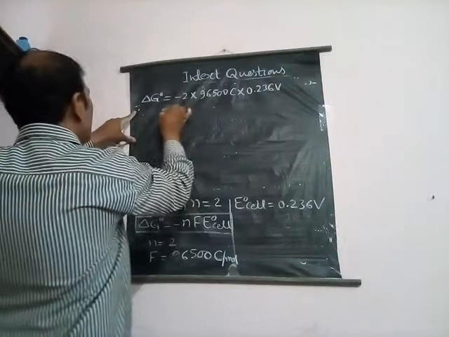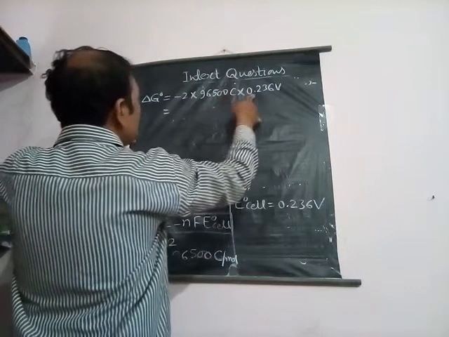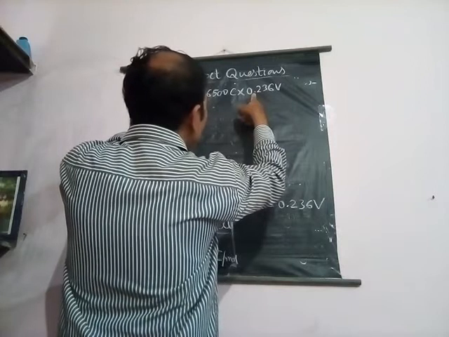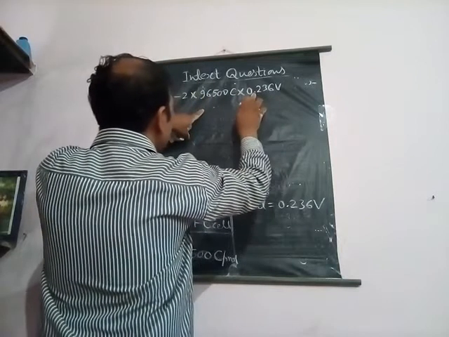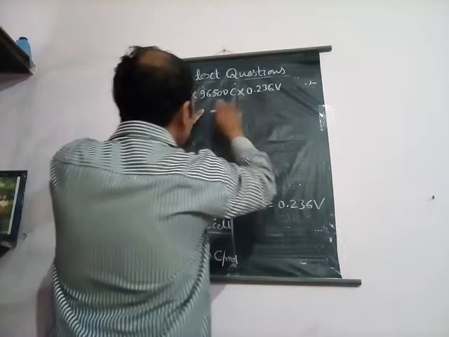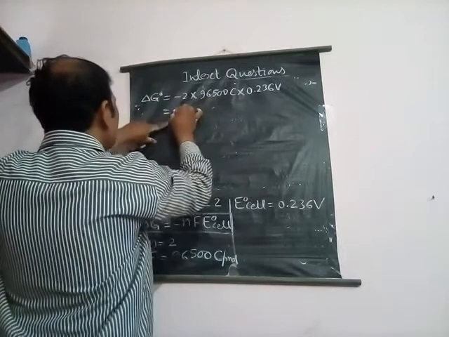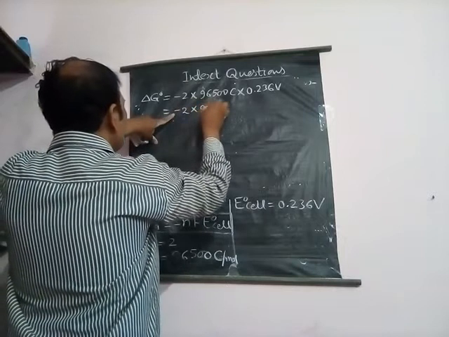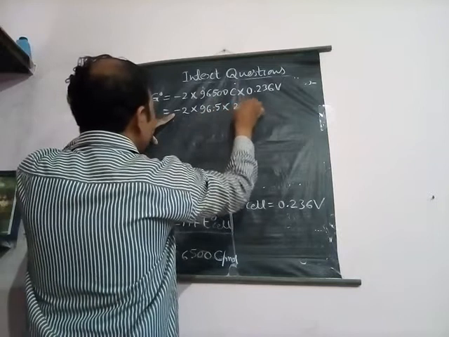On calculation, to remove the decimal point, it gives 2 into 96.5 into 236.